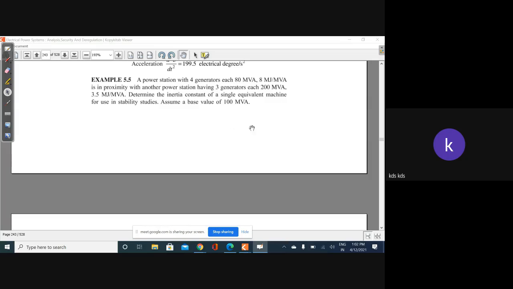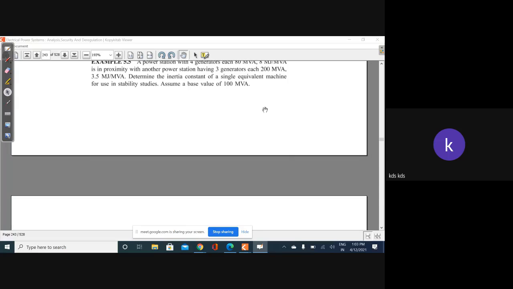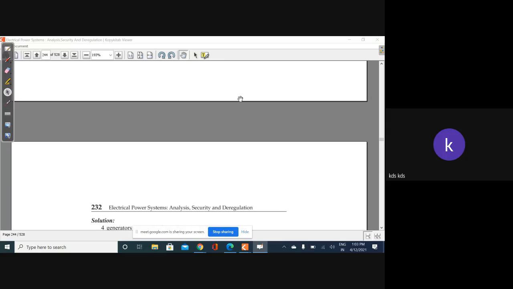Now, for stability studies, we replace these 7 generators by 1 generator. 4 generators are in power station 1 and 3 generators are in power station 2. So what is the inertia constant of the single equivalent machine? Assume the base value is 100 MVA.